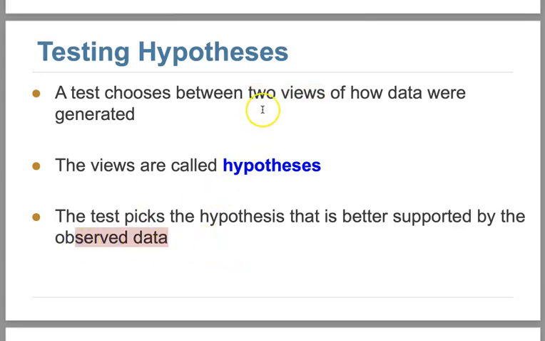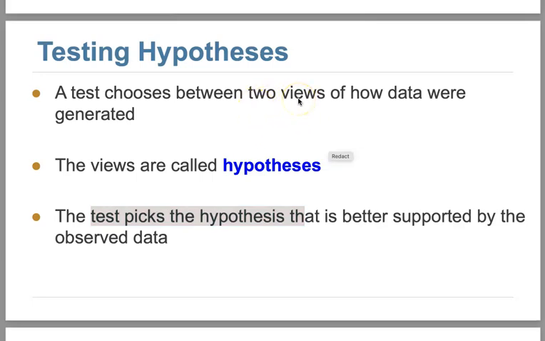So you have point of view 1 and point of view 2, and they are against each other. According to your testing result, from your simulation result compared with the observed data, we want to know which hypothesis we should accept and which one we should reject.